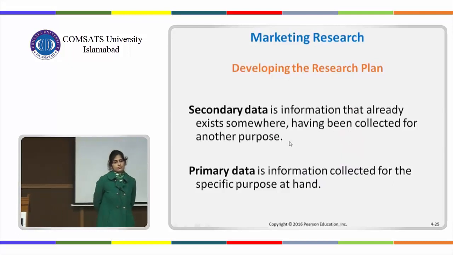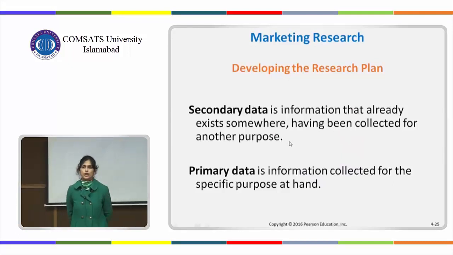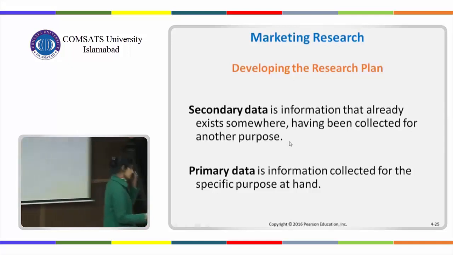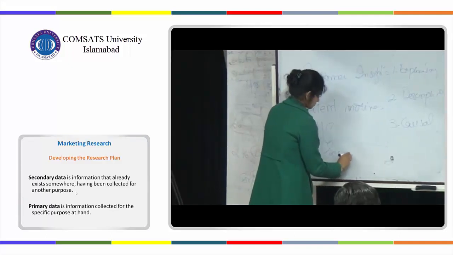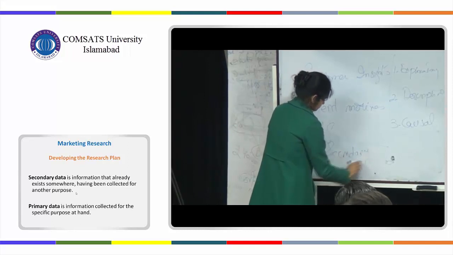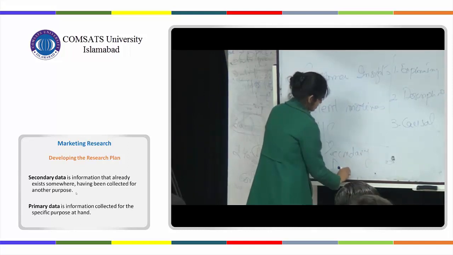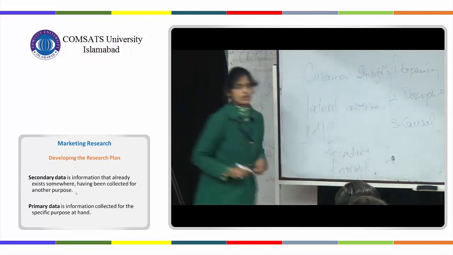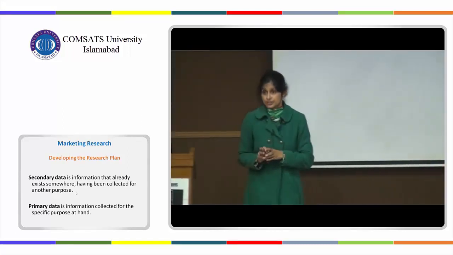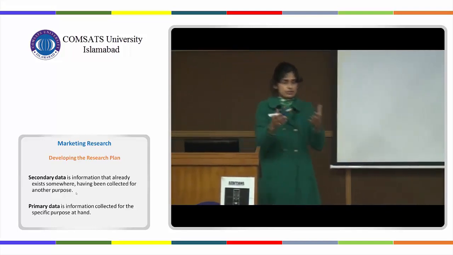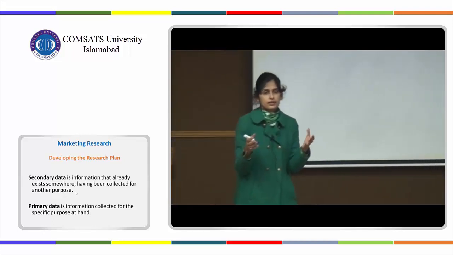Now talking about the information sources, the two broad categories of information sources. The first source is called the secondary data. And the second is primary data. What is secondary data? That is already there. The data that is already available in the market.